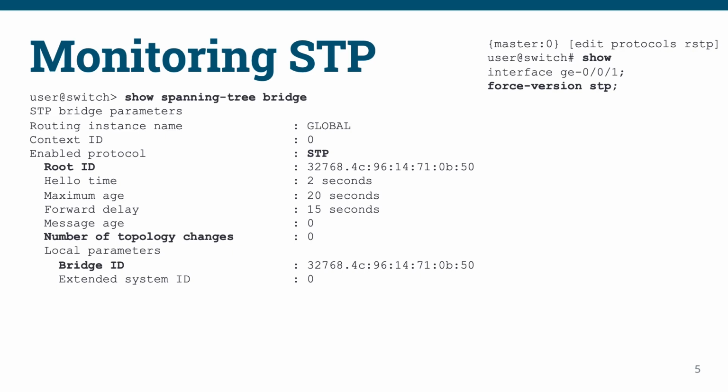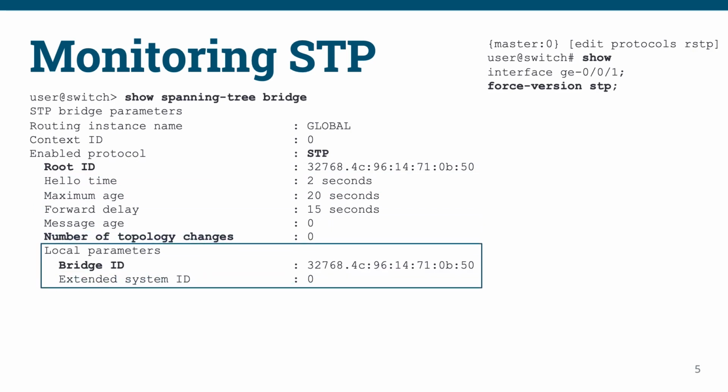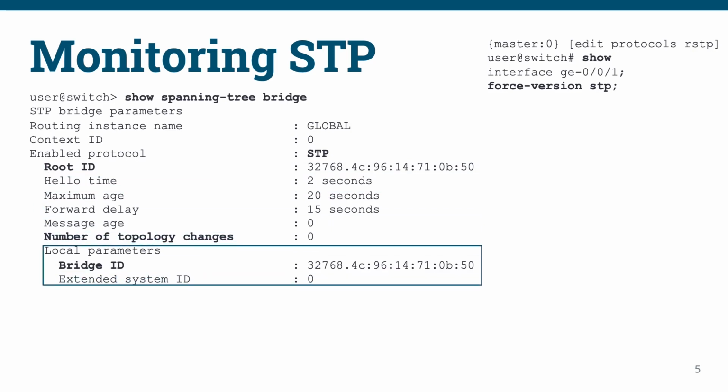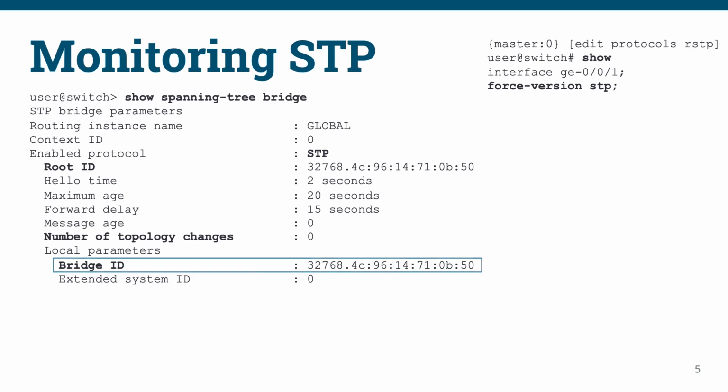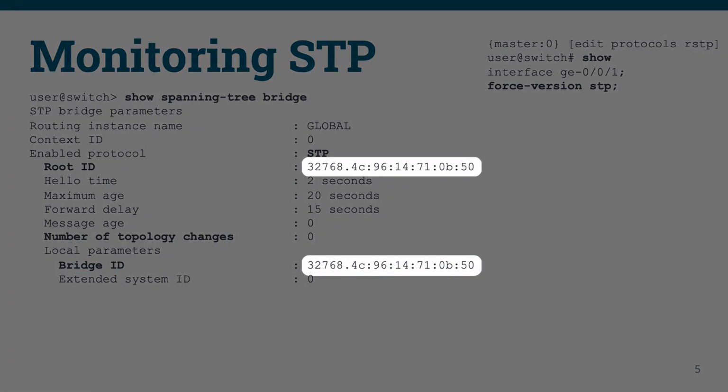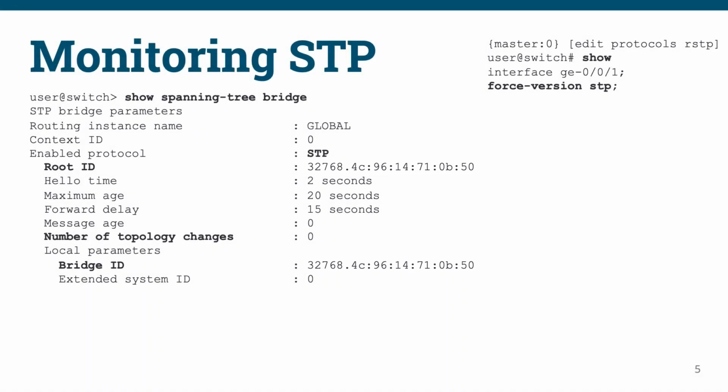We can also see the bridge ID of the switch that this local device believes is the root bridge in the STP topology. Below, we have the local parameters section, and we have the local switch's configured BID as well. These two fields match, so this switch currently believes itself to be the root bridge.